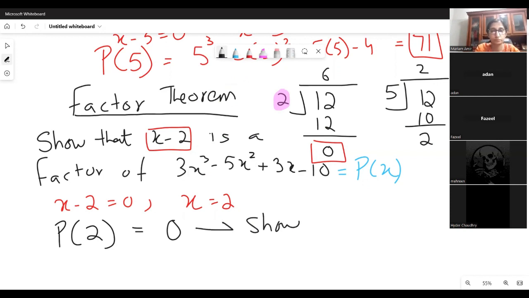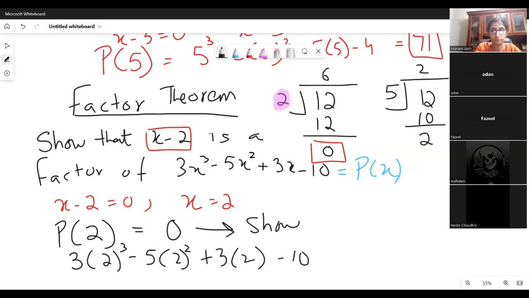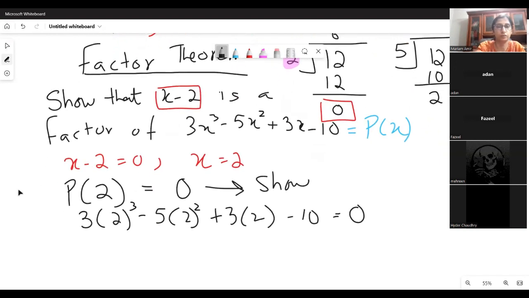Let's see if that is true or not. 3 times 2 cube minus 5 times 2 square plus 3 times 2 minus 10. Zero आता है. Hence x minus 2 is a factor.